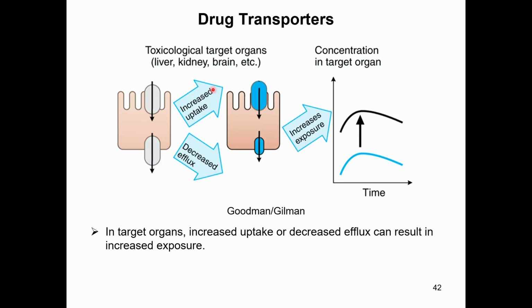If it's a transporter that's removing a drug from the blood, you increase that, then you'll have less, right? So it depends on how the transporter is configured across membranes and how it faces the blood. But the take-home message is that altered expression of membrane transporters can increase drug concentrations or decrease drug concentrations in the blood.